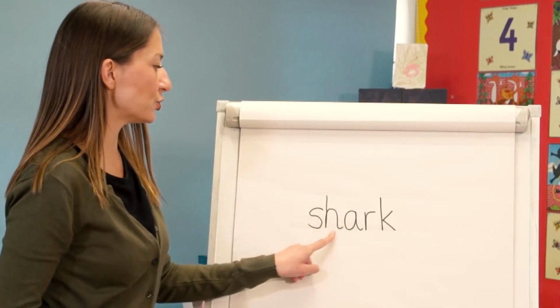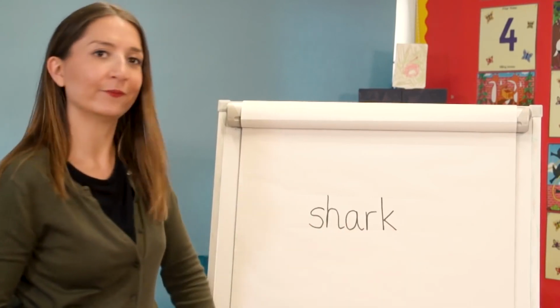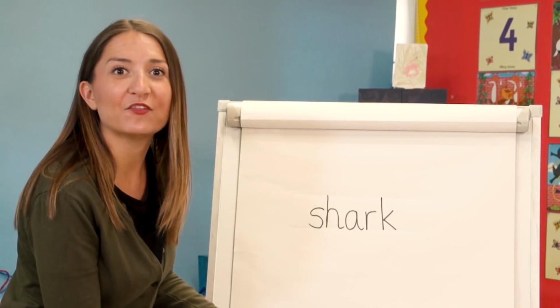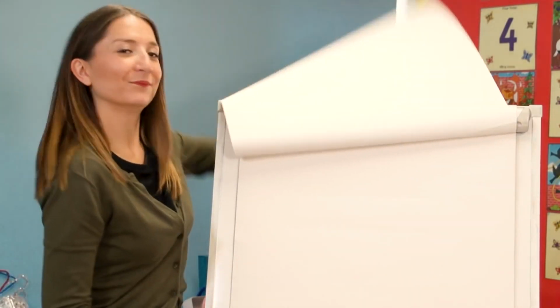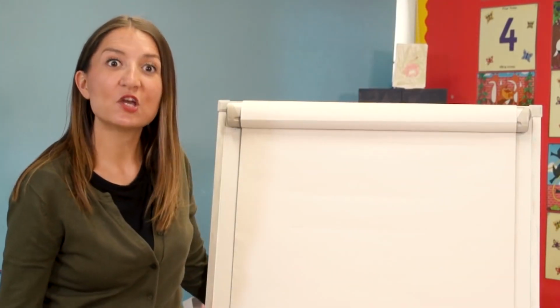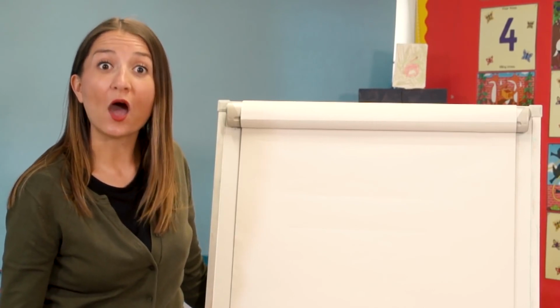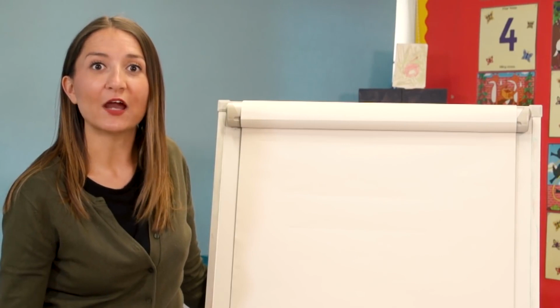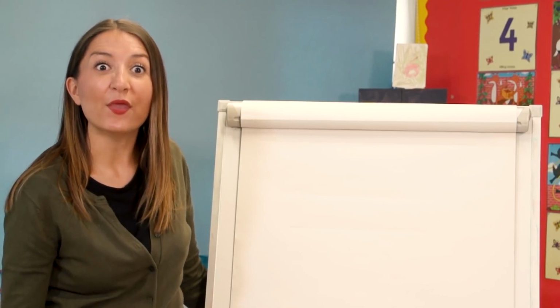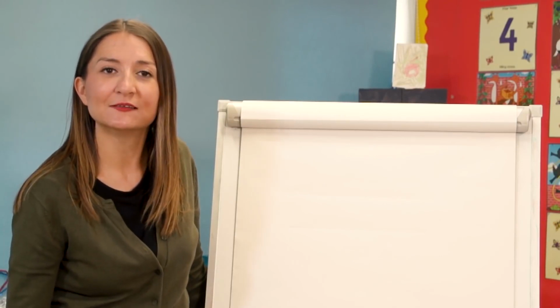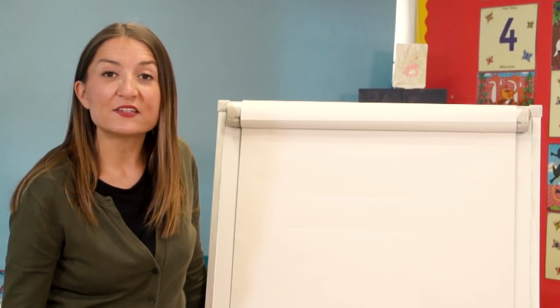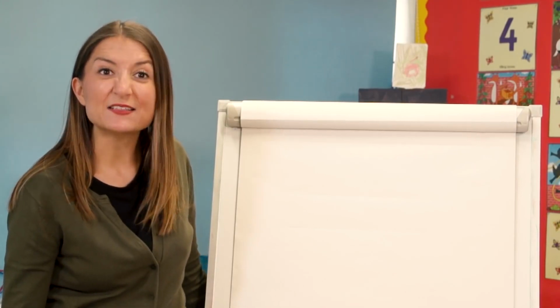Shark. Sh, ar, k. Now you have a go. Say the word. Say the sounds. Write them down. Remember the 3 sounds. And don't forget the digraphs sh and ar.